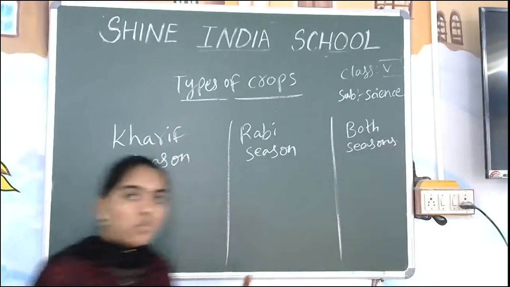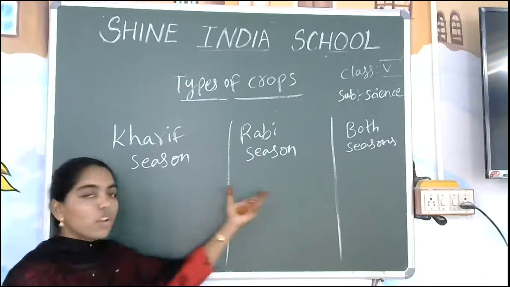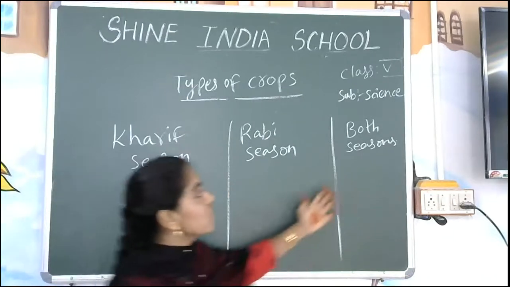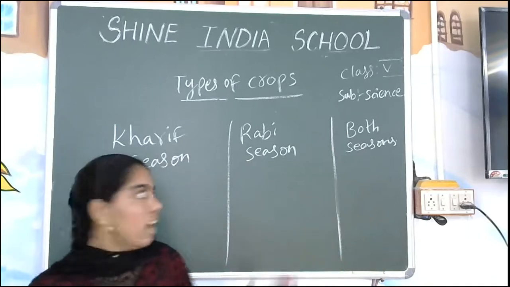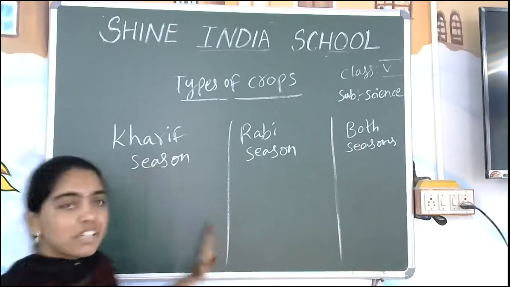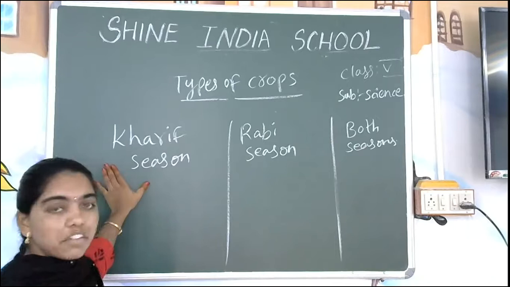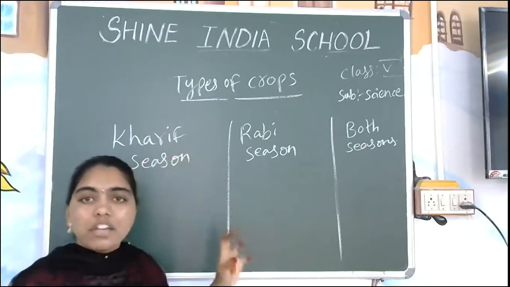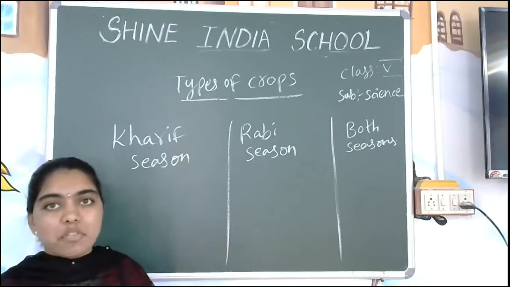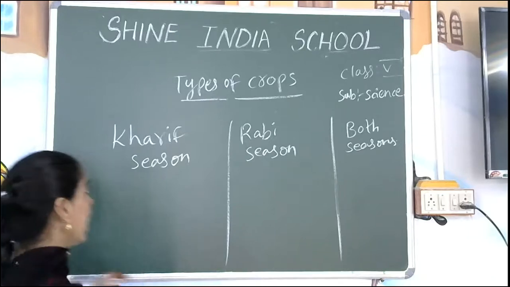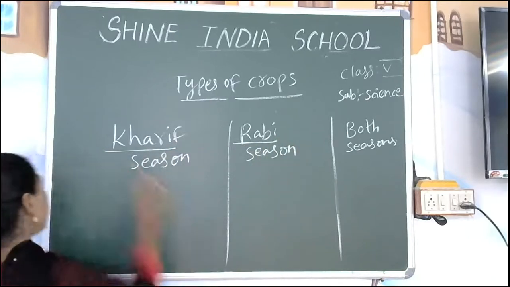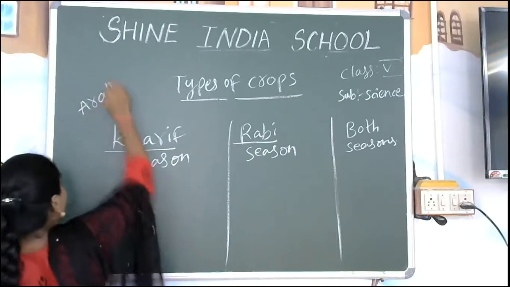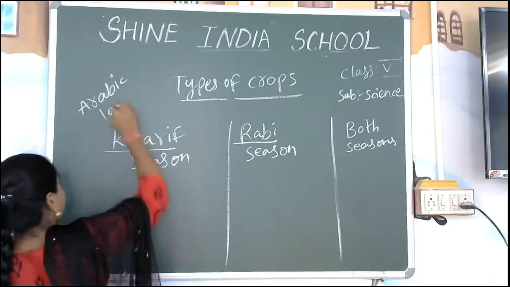We will see what is grown in the Kharif season, what is grown in the Rabi season, and which plants are going to be sown in both seasons. What is the first word here? Kharif. What is the second word here? Rabi. From which language do we get these words? Either Kharif or Rabi, we got from the Arabic language.